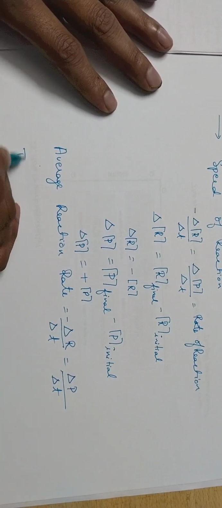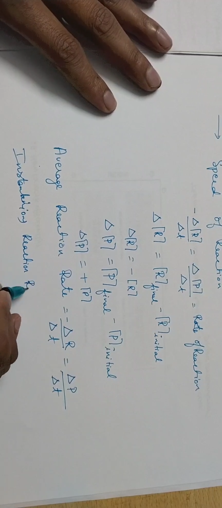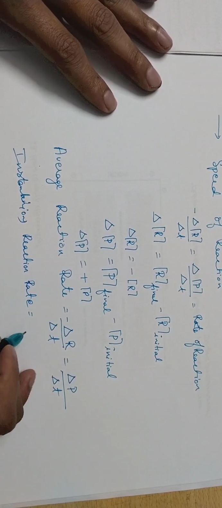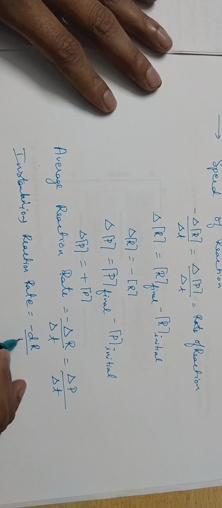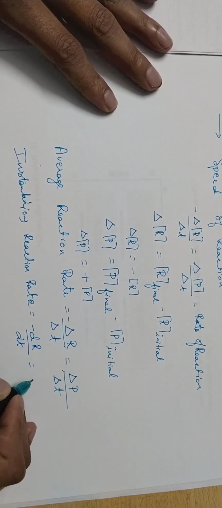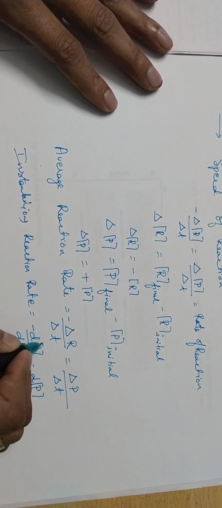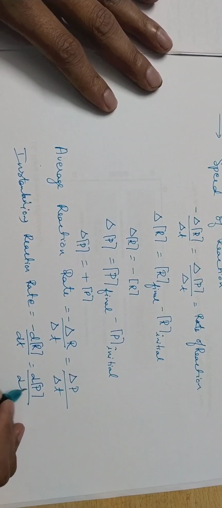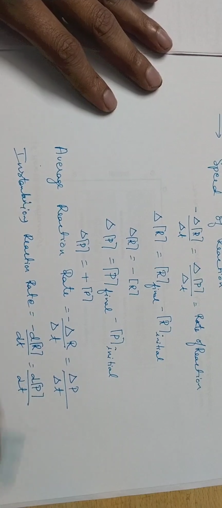Instantaneous reaction rates give the rate of reaction at that particular instant, at that particular point of time, which is represented by the letter d, dR by dt. So if I am mentioning dR by dt or dP by dt in my equation, I am talking about instantaneous rates. And if I am mentioning delta R by delta t or delta P by delta t, I am talking about average reaction rates.